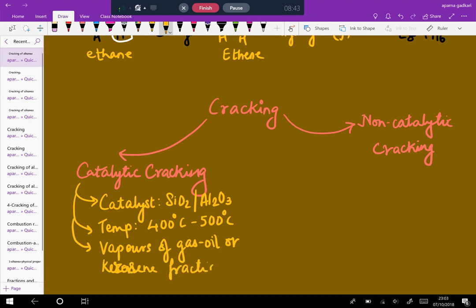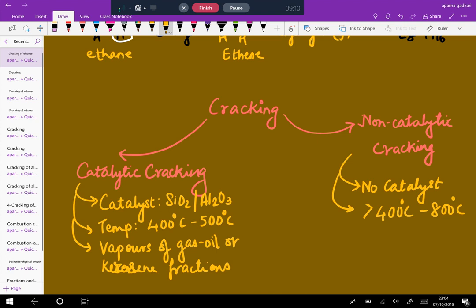Okay, and about non-catalytic cracking, it's important to remember that first of all there will be no catalyst. Next, the temperature will be greater than 400 degrees Celsius and goes up to 800 degrees Celsius.